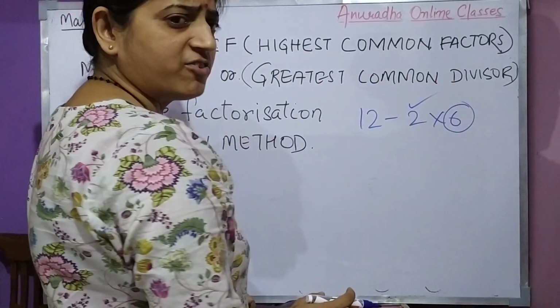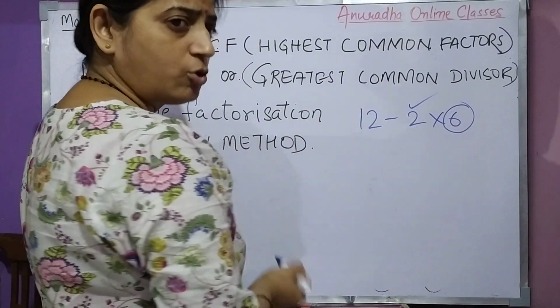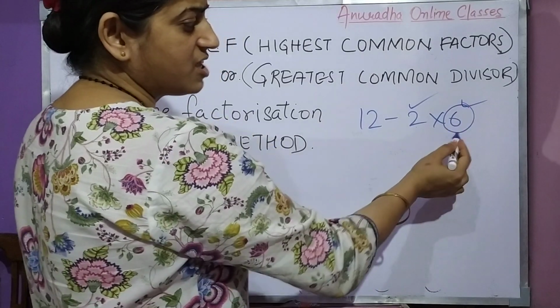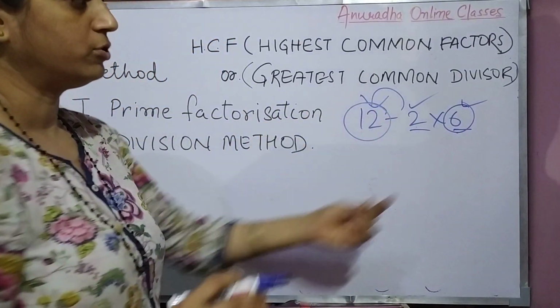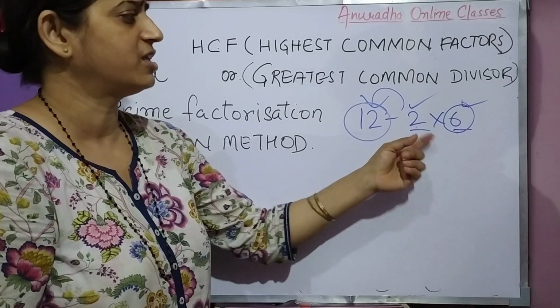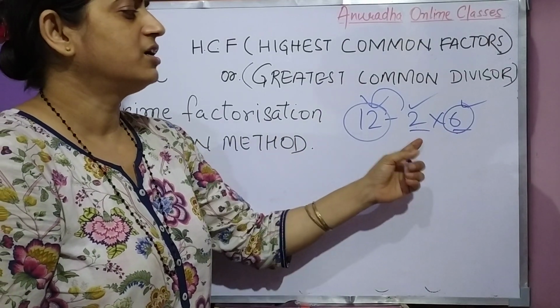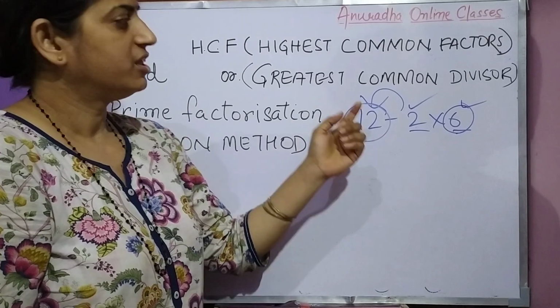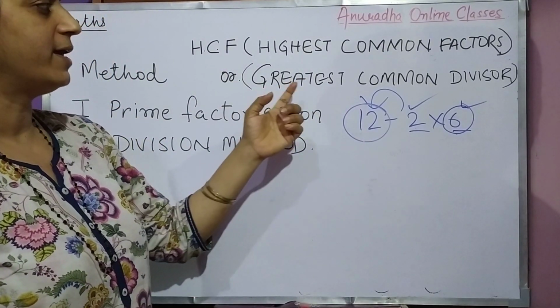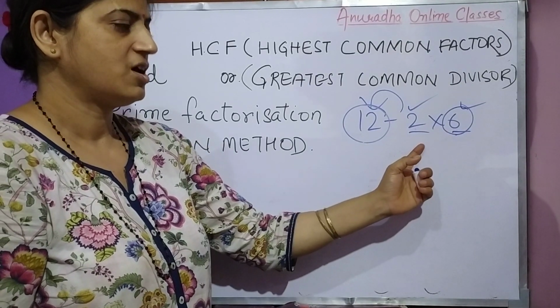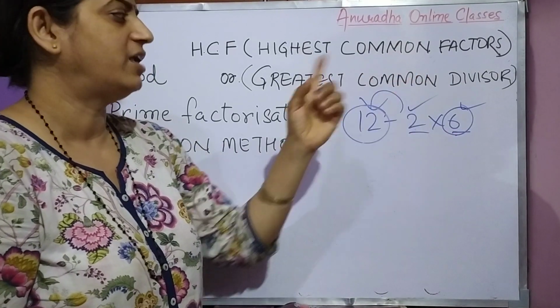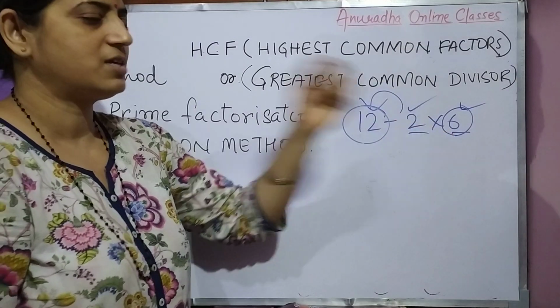Means firstly it will divide by 2, then by 6. These two will completely divide 12. So these two are the divisors, or we can say these are the factors of 12. That is why we are also calling it greatest common divisor. Means in these two factors, which is the greatest factor that will divide 12 is 6.